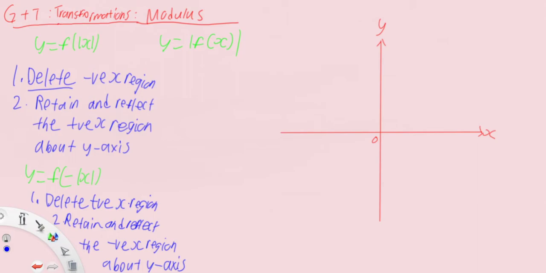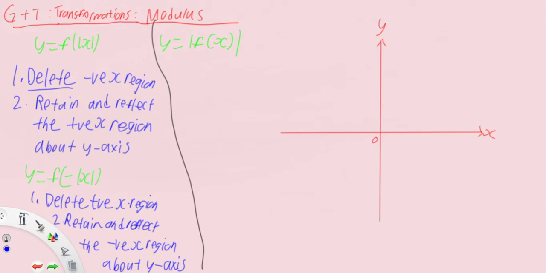Now we move on to |f(x)|, and also later on y equals -|f(x)|. So for |f(x)|, basically every negative value would become positive, so any part that is down here would get reflected upwards, and you notice that it will be about the x-axis. That's all. It's actually quite simple.